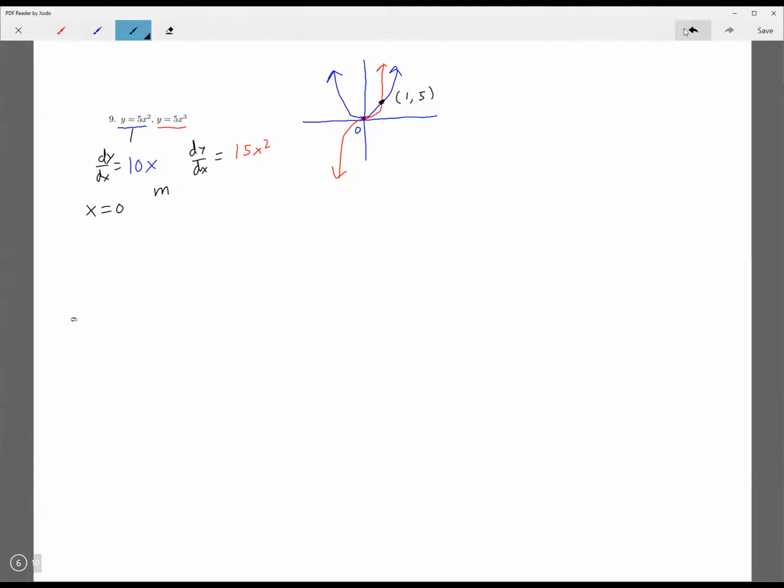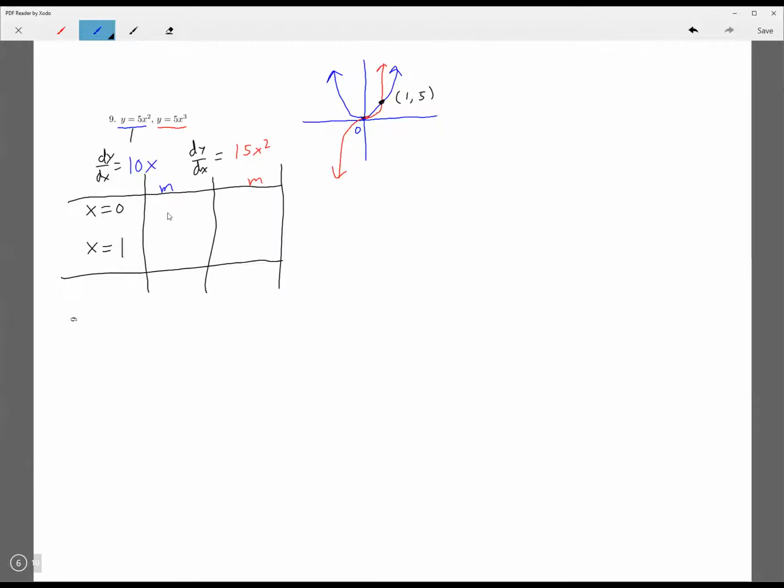Okay, let's organize it this way. This one is the blue function, and this one's the red function. Now I'll make a little chart here. There are 2 places where they intersect, at 0 and at 1. The slope here is 0. And what's the slope at 1? 10.